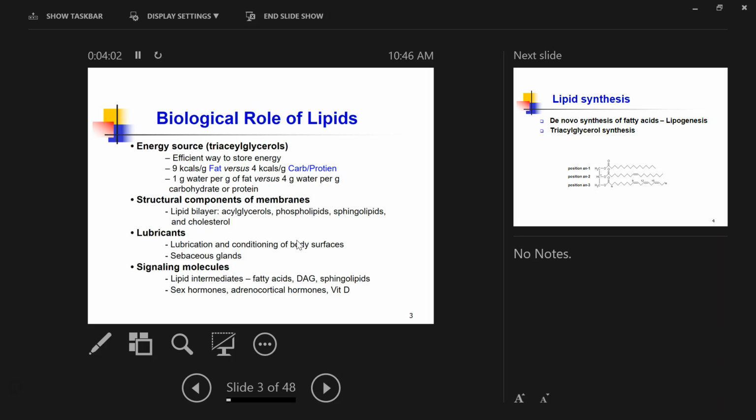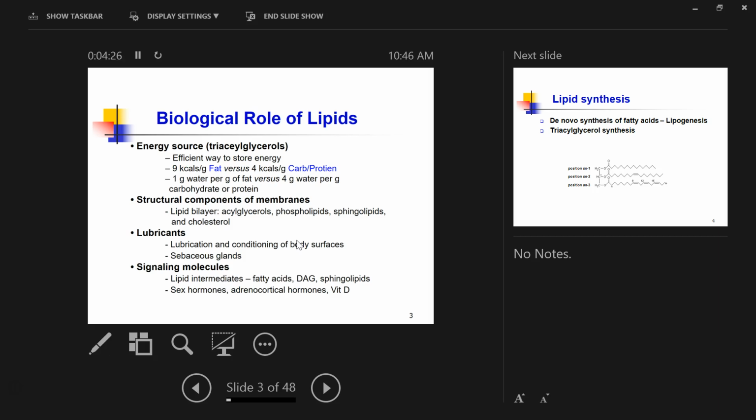So lipids are very important. And those membrane lipids usually are the acylglycerol, phospholipids, sphingolipids, and cholesterol, right? So all these membrane lipids are important.